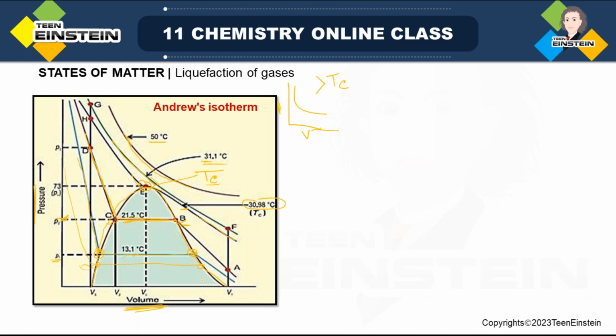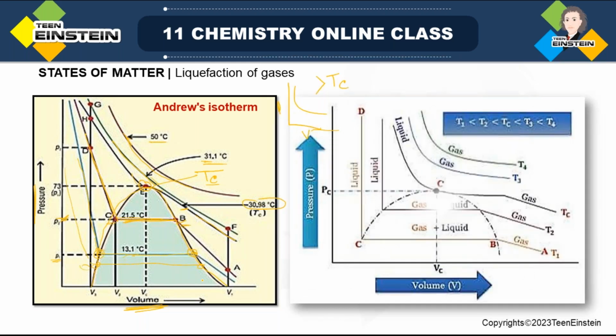In this region, gas and liquid, these 2 states, they remain simultaneously. Now consider the second picture. Here you will be able to understand that in the dome shape region, gas plus liquid, they are existing together. So these 2 points, if you join like this, you will get this dome shape where gas and liquid remain together.